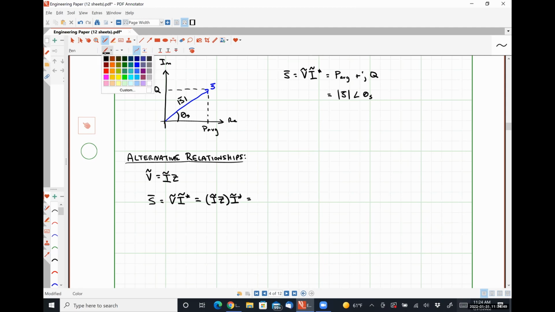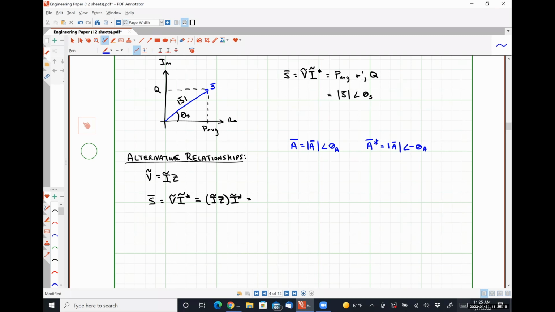Let's do this out here as a quick aside. Let's say I have a complex number A that is the magnitude of A angle theta A, and therefore A conjugate is the magnitude of A angle negative theta A, right?